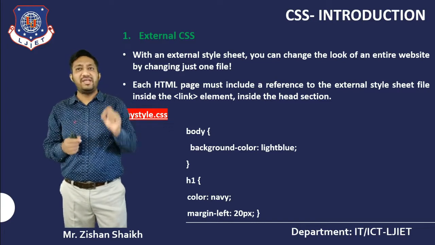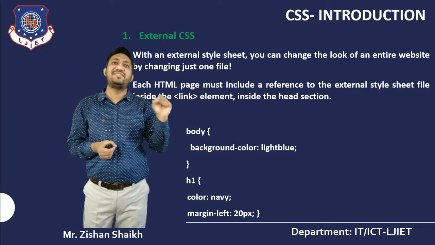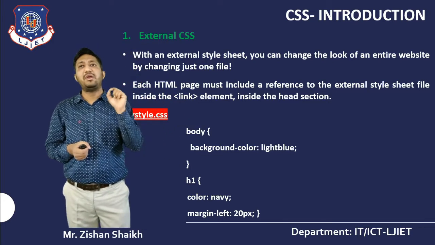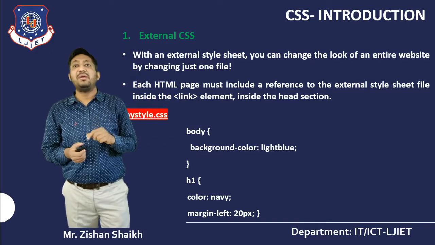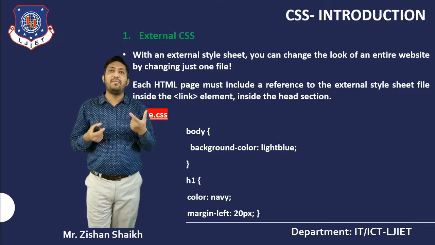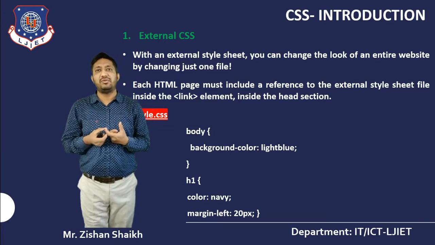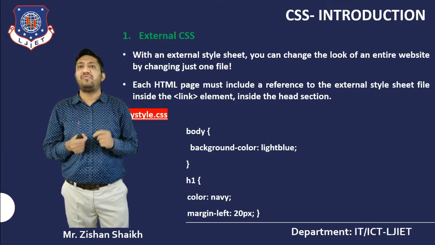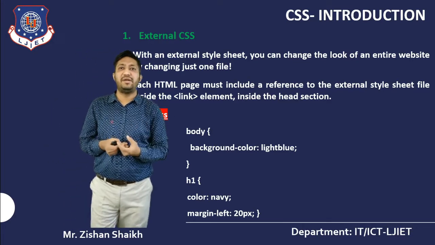The CSS file will be saved with a .css extension, and your HTML file will be saved with a .html extension. Now the next question: how can we merge both files? How does the HTML file know that this is my CSS code? For that we have to write some simple syntax.